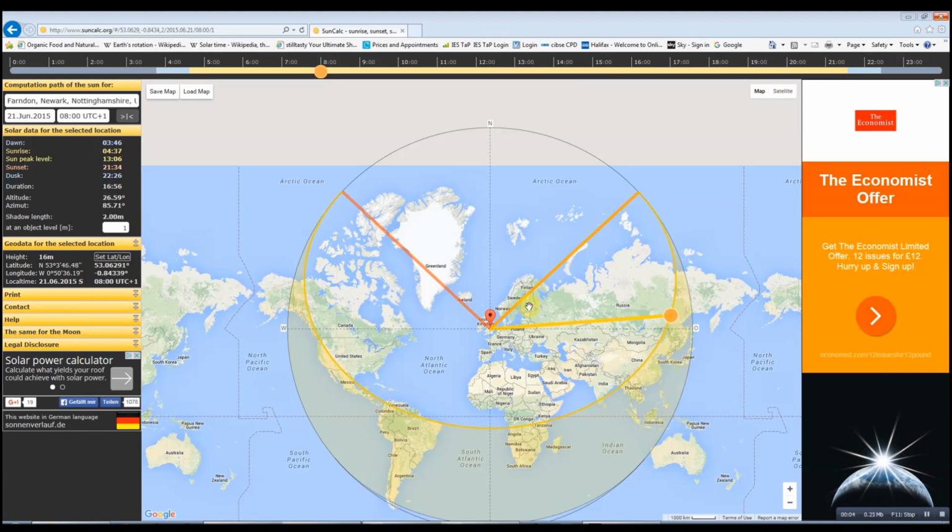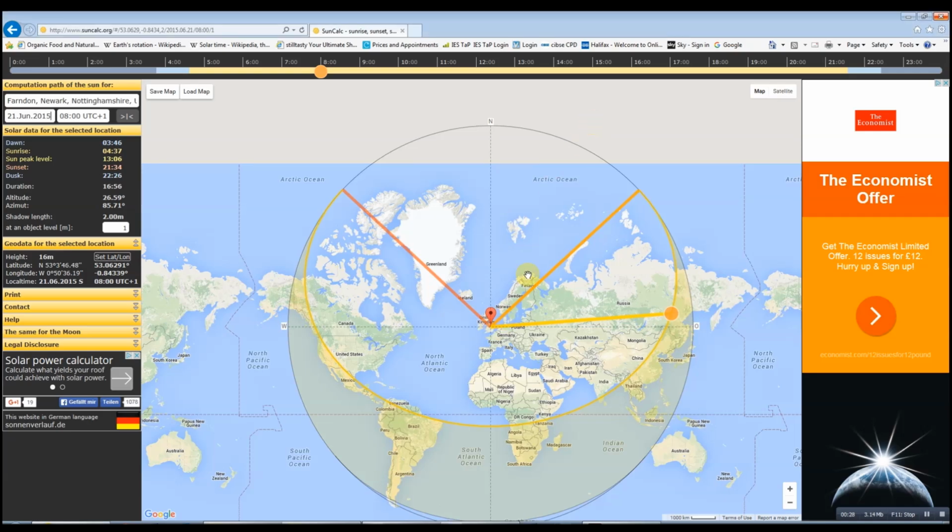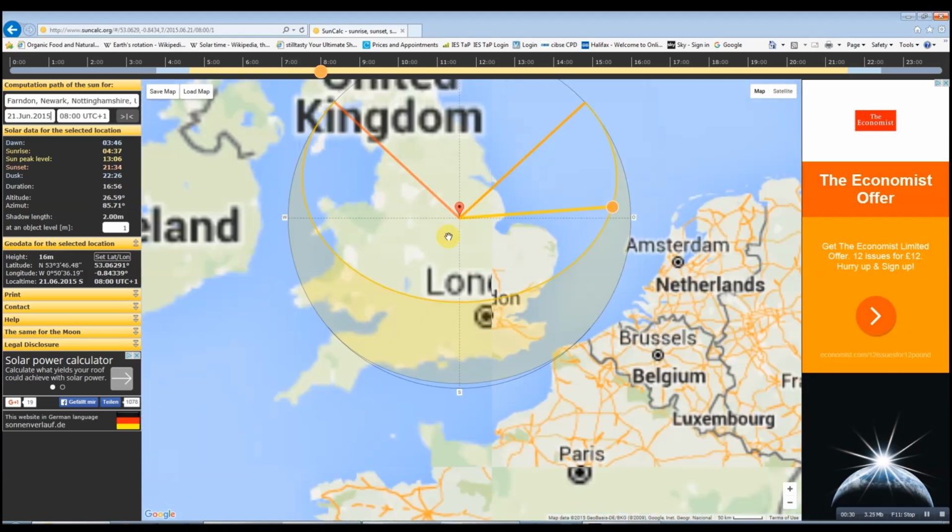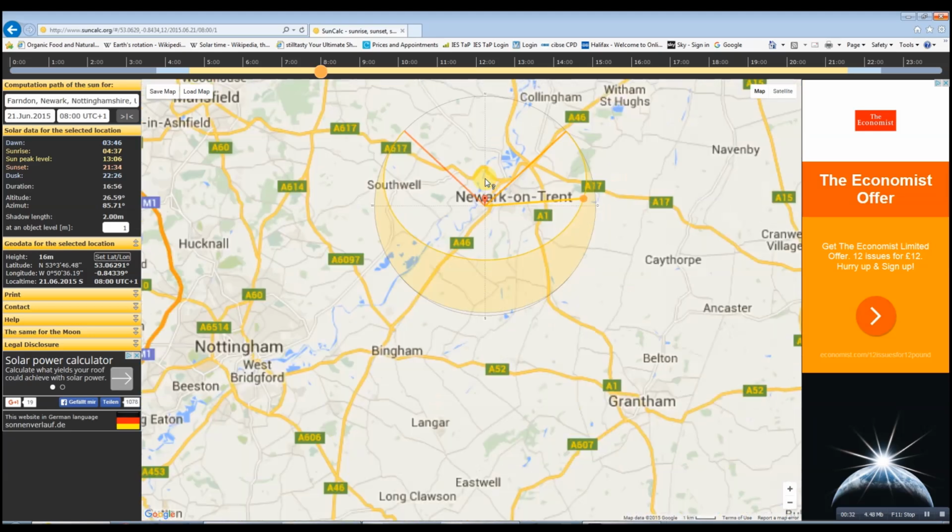Next, I use this website, www.suncalc.org, and what this allows you to do is to pick coordinates anywhere in the world, and over here it gives you an altitude and azimuth of the Sun position from that particular location on Earth. So I've got it set already to zoom into my hometown just here.